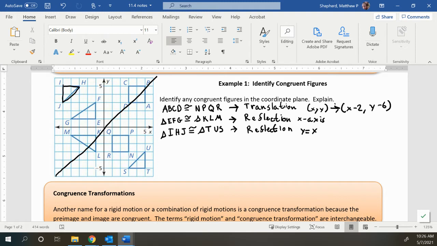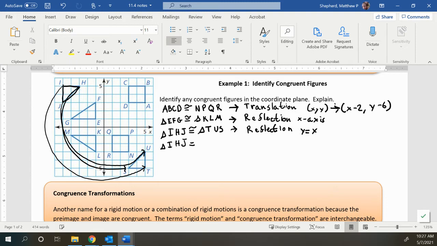Now, we could have approached this another way with a rotation in which I had rotated around 180 degrees to T, J rotated around 180 degrees, and H had rotated around 180 degrees to S. So we can go and say that the triangle IHJ is congruent, but notice how this needs to change now.